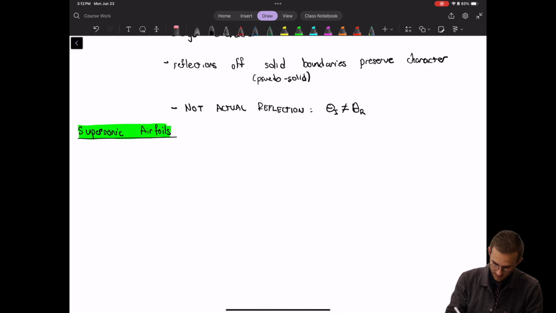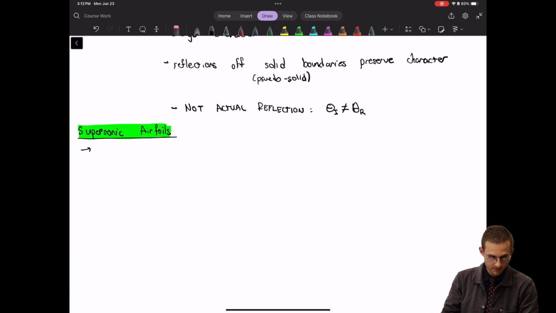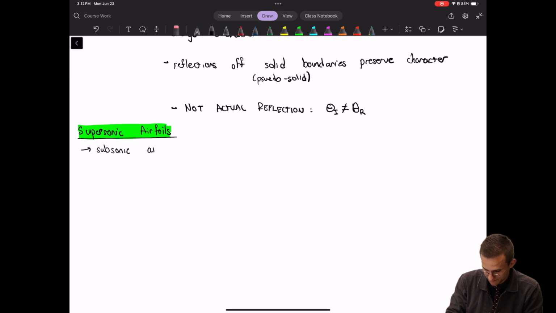So one thing that you may have observed when looking at most airfoils that you see deployed in aviation is that subsonic airfoils have rounded leading edges.